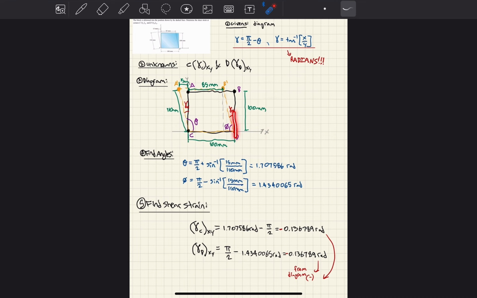How does this translate to here? Well, I'm going to draw a little thing on my diagram. That's one of the reasons I redrew the diagram. I'm going to see where this shear strain angle falls into, right? Here I can easily see that it drops into the sine quadrant.